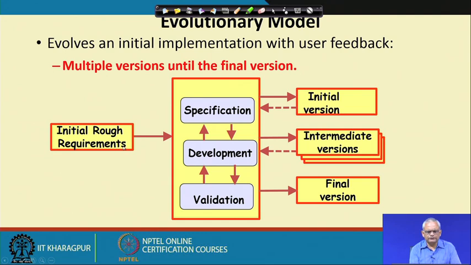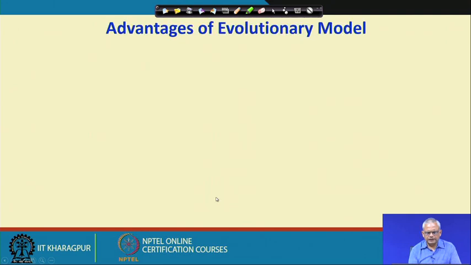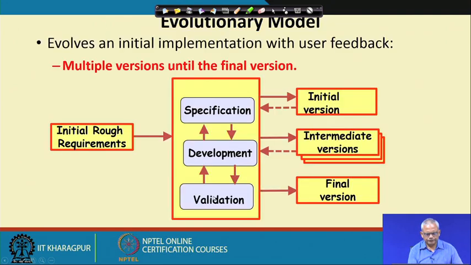Here just the overall features required, and then the core, and this is the iteration. Every iteration there is a specification, development, validation, and then finally the deployment.